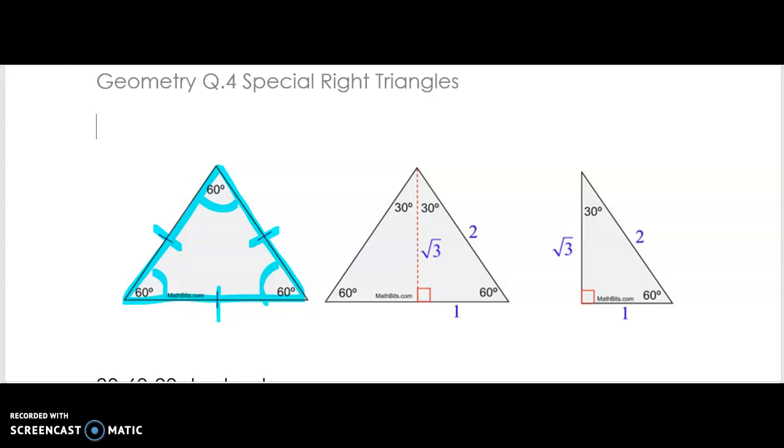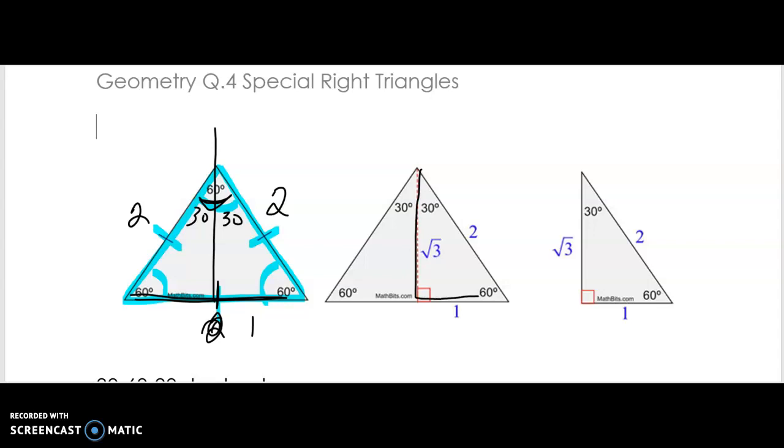Now, if we have an equilateral triangle where the sides are 2, and I split it in half, then this 60-degree angle turns into 30 degrees and 30 degrees. And this length right here, which was 2, is now 1.